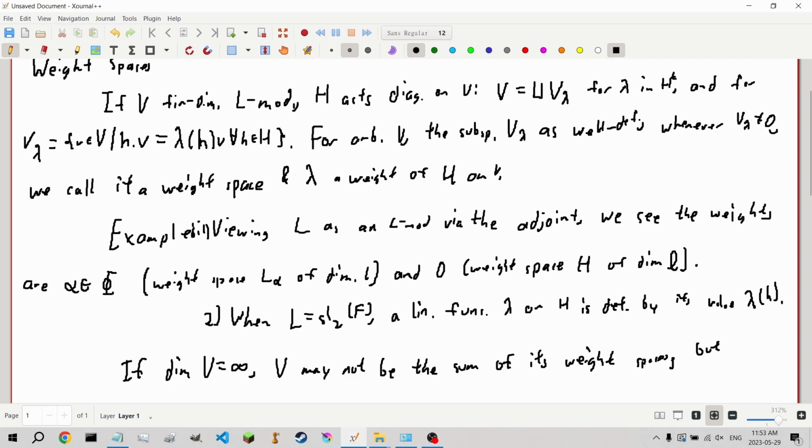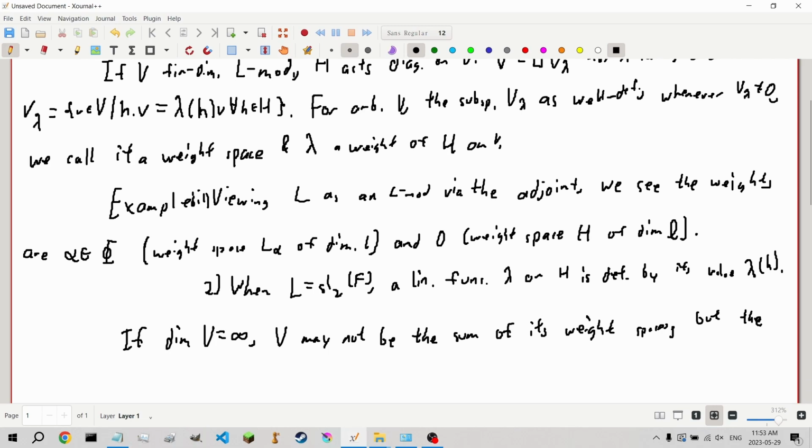But the sum V prime of its weight spaces is always direct.